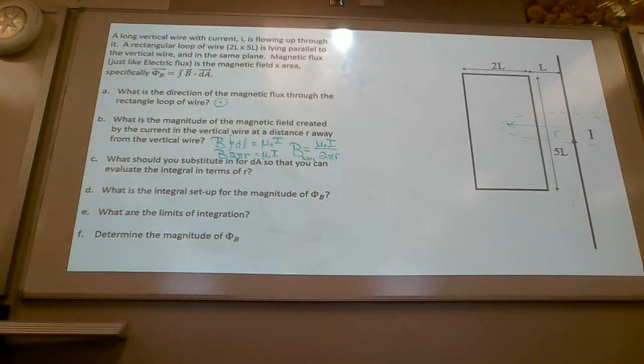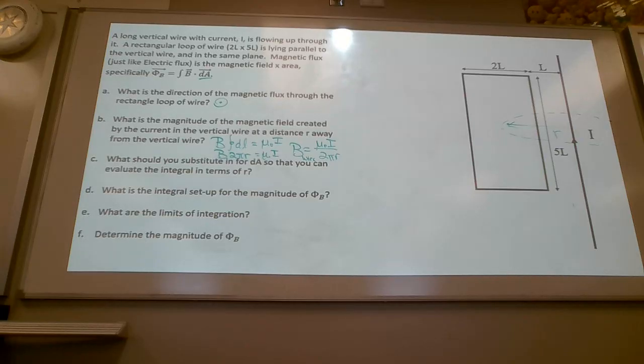What should you substitute for dA so that you can evaluate an integral in terms of r? This is way smaller steps than they would give you on a free response problem. I'm just walking you through baby steps.